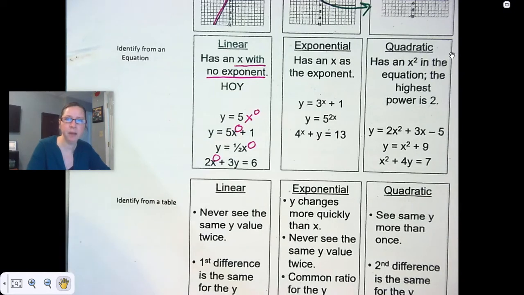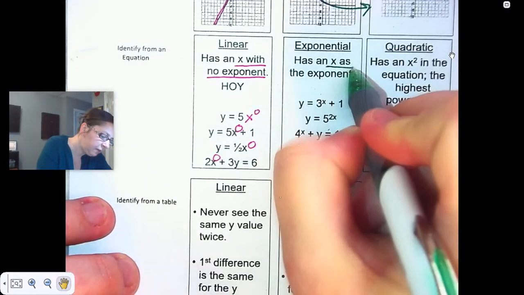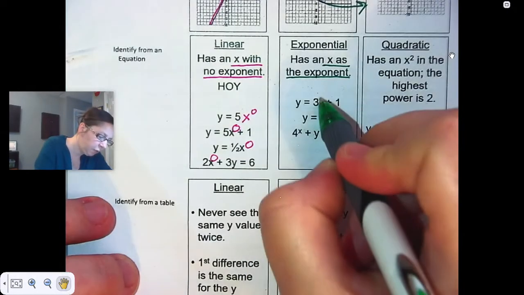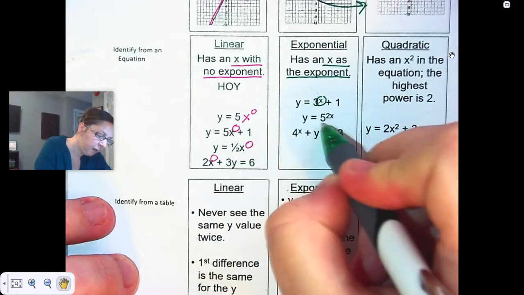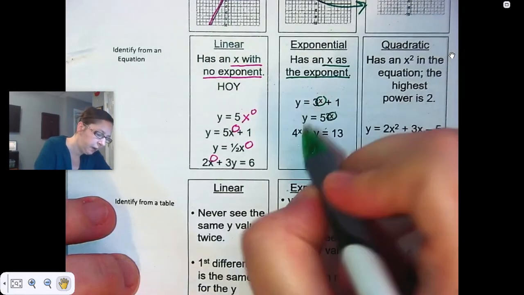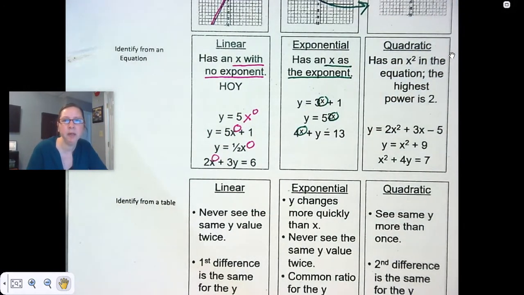Let's look at our exponential. In our exponential functions, the x is the exponent. Okay, so 3 to the x power, 5 to the 2x power, that's all right too, and then 4 to the x power. So our x variable is the exponent in exponentials. And finally, quadratics.